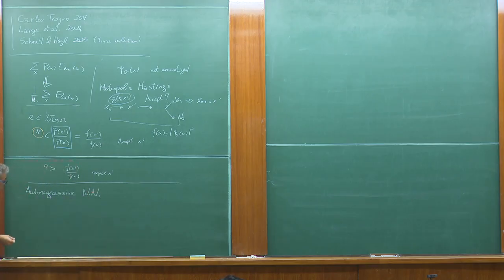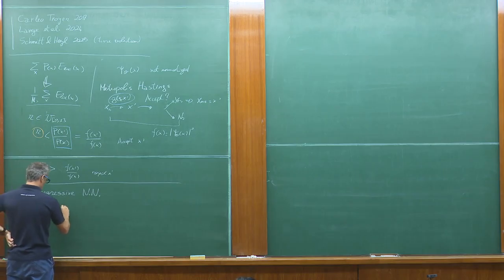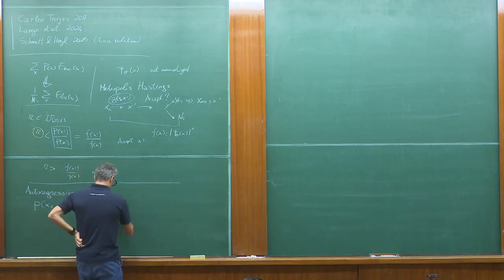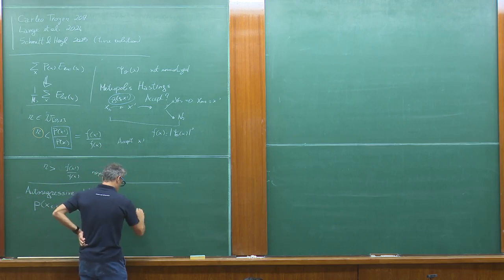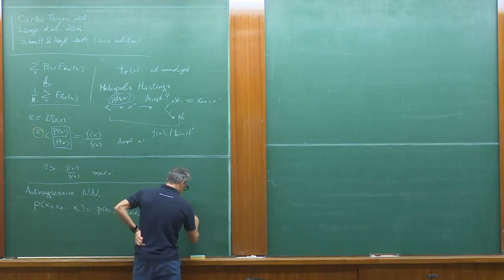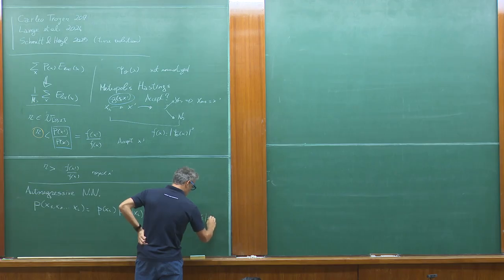Okay, so autoregressive neural networks are such that the probability of a certain configuration x1, x2, ..., xL is given by a function p of x1 times p of x2 knowing x1 times p of x3 knowing x2 and x1, etc., until you have p of xL knowing x1 all the way until xL minus 1.